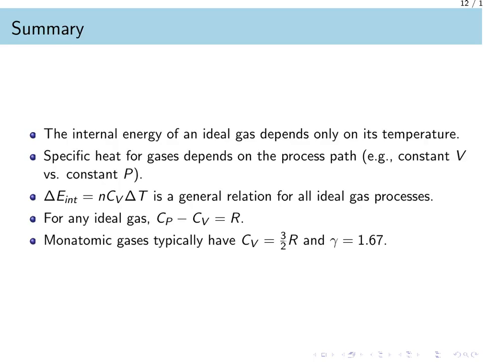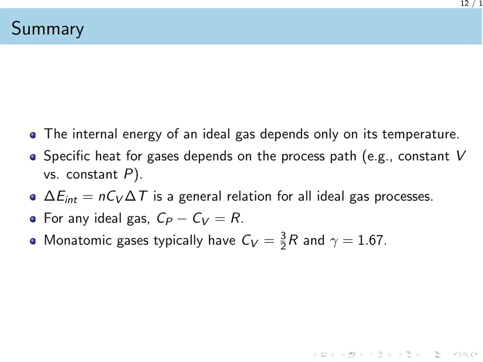In summary, we have learned that the internal energy of an ideal gas is a state variable depending only on temperature. Because gases can follow different paths, their specific heat depends on the process used. However, the relation that the change in internal energy equals n times C sub V times the change in temperature is a general rule for all ideal gas processes.